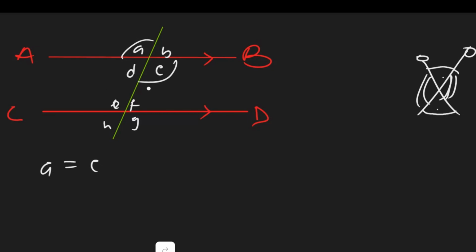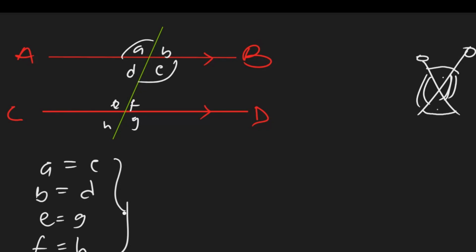We can also think of B and D. So we can say B is equal to D. When you come to the other end, we can also see that this forms vertically opposite angles. It forms scissors, so we can say that E is equal to G and F is equal to H. So these angles are vertically opposite angles and they are equal.